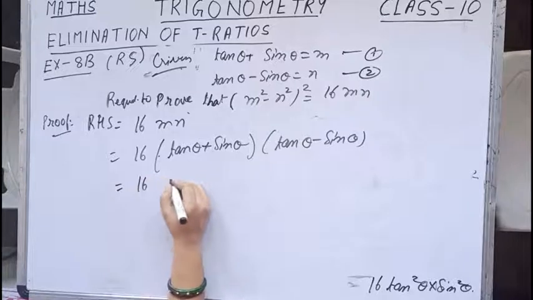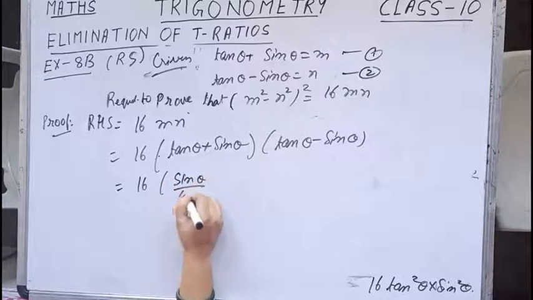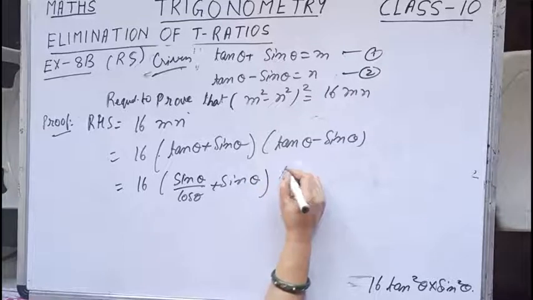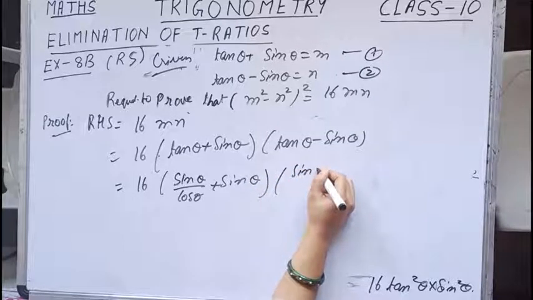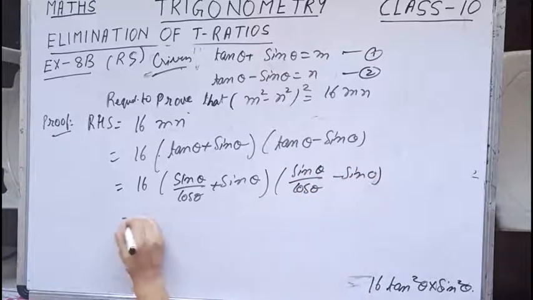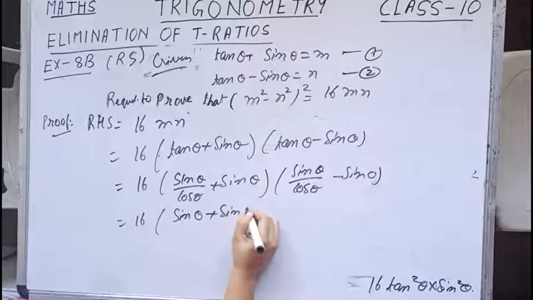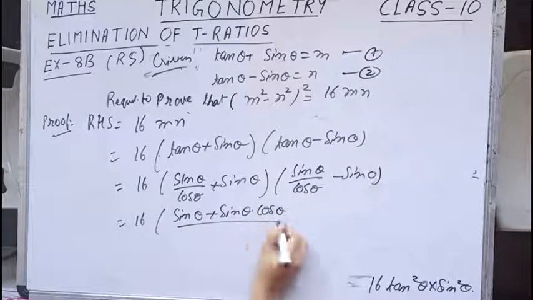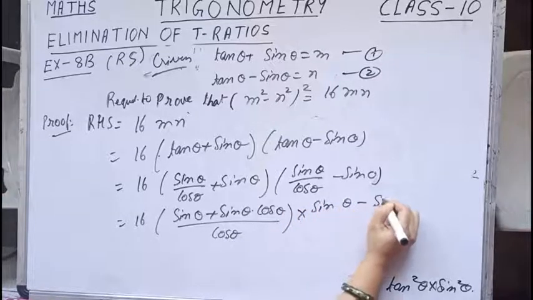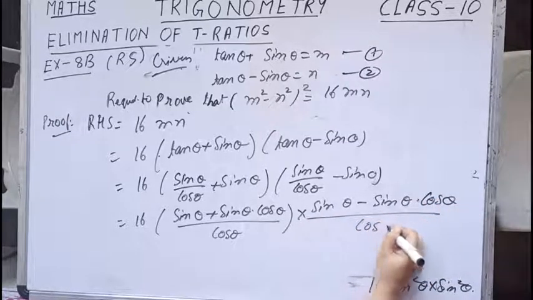So this will be equal to 16, and let us solve it over here. Sin theta by cos theta plus sin theta, and over here again sin theta by cos theta minus sin theta. So this will be equal to 16, then sin theta plus sin theta into cos theta by cos theta, and into sin theta minus sin theta into cos theta by cos theta.